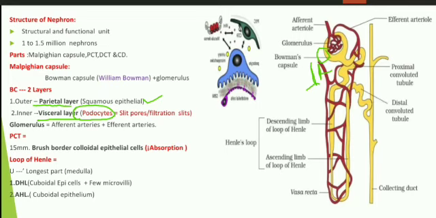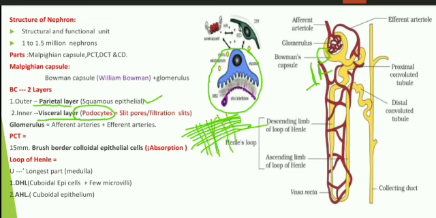A number of podocytes interdigitate with each other to produce small pores. These pores are nothing but slit pores, which help in filtration of the blood. That's why they are also called filtration slits.